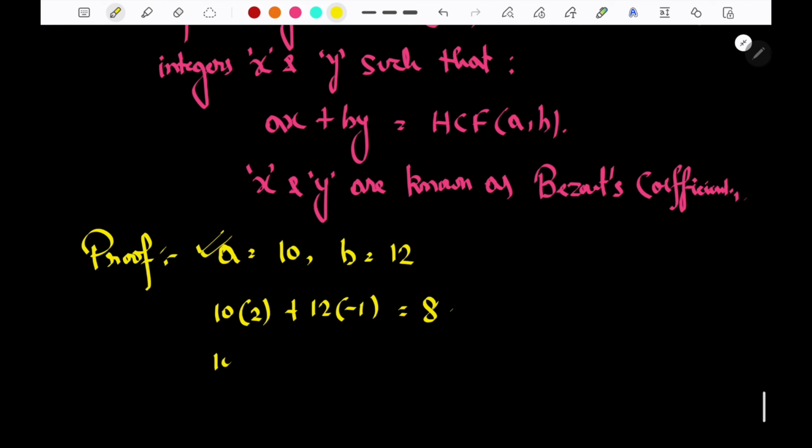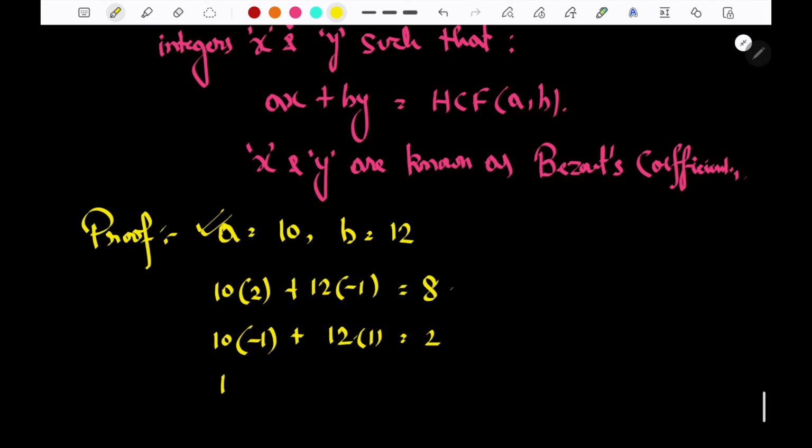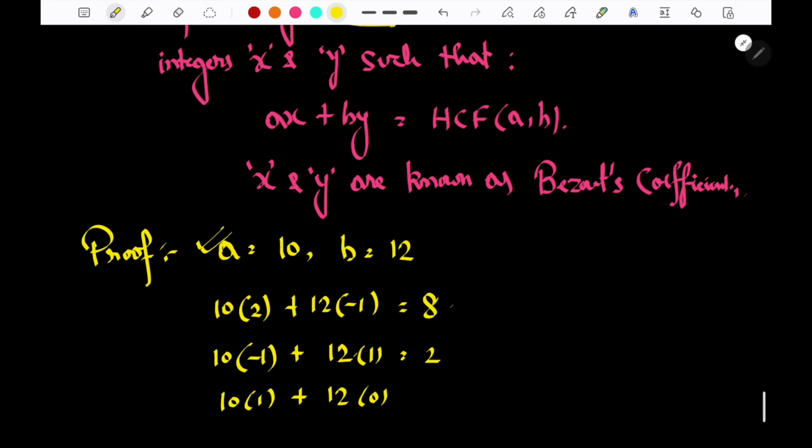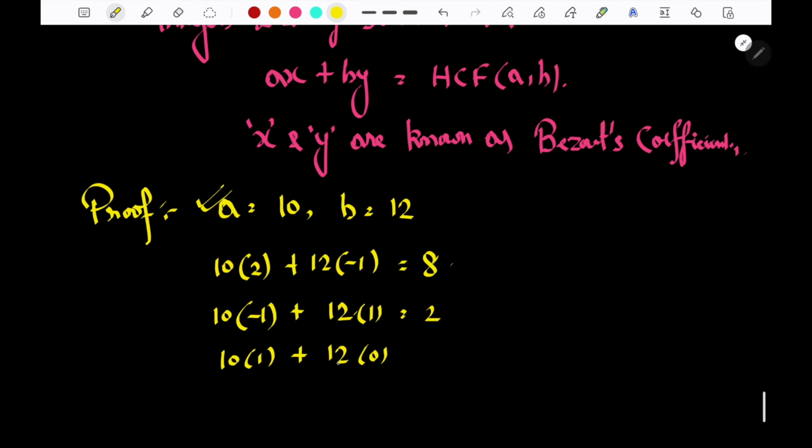Instead, put minus 1 here and 12 into 1, and that gives 2. Or 10 into 1 plus 12 into 0, which is 10. I have said a comma b is not 0, but x and y can be 0.